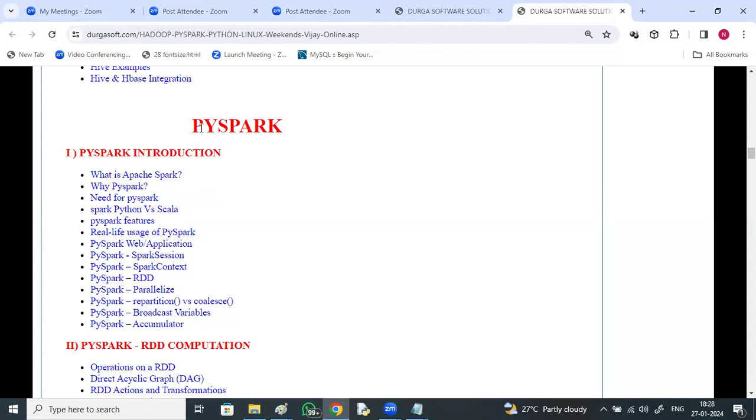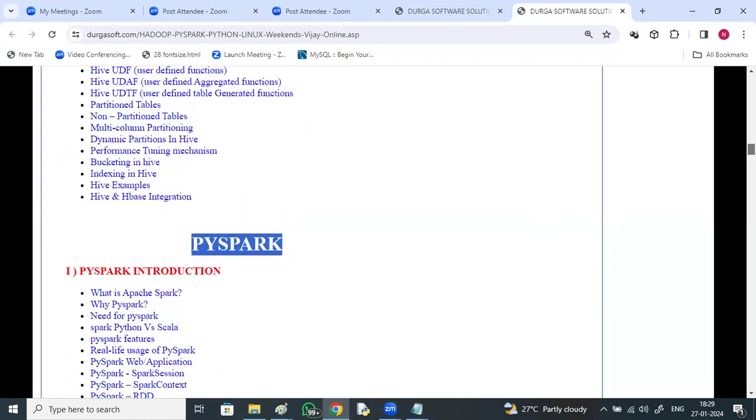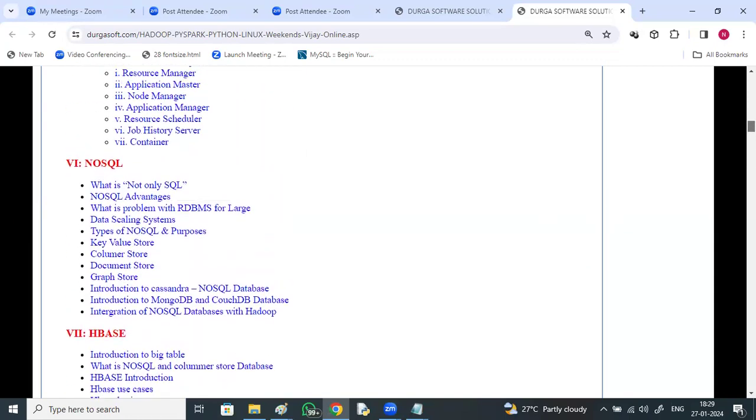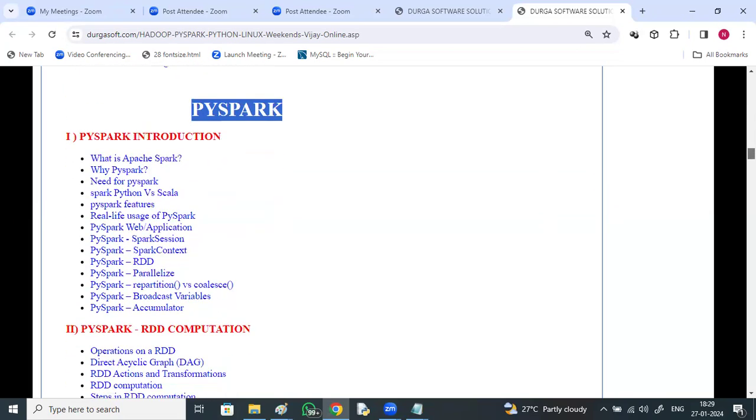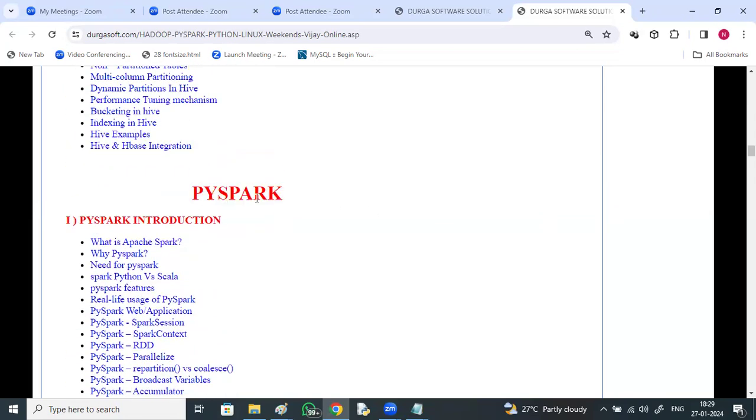To know PySpark, you need to have knowledge of Python. That's why, by the time this Hadoop gets completed, nearly 68 to 70% of your Python gets completed. So by the time I start PySpark, you will have completed about 70% of your Python, in the weekdays.